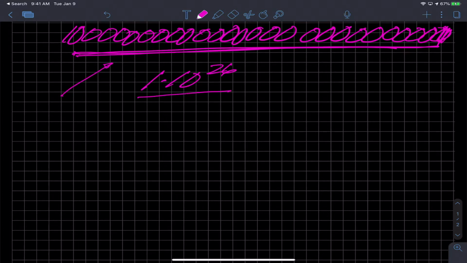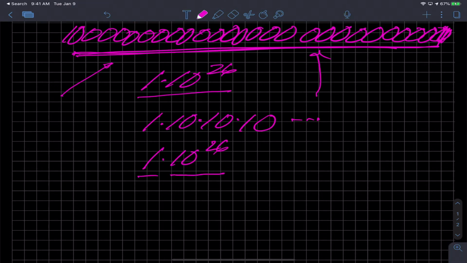Or, even better, if I have 1, how many tens do I have to multiply this by to make that value? Well, it would be 26, right? 1 times 10 to the 26. And since 10 to the 26 times 1 is the same, you can be even more efficient and just write it as 10 to the 26th.